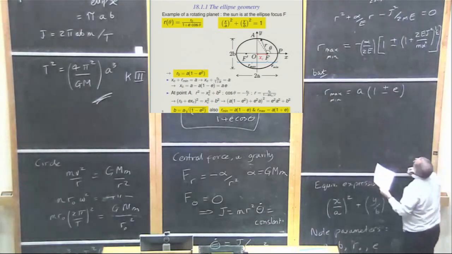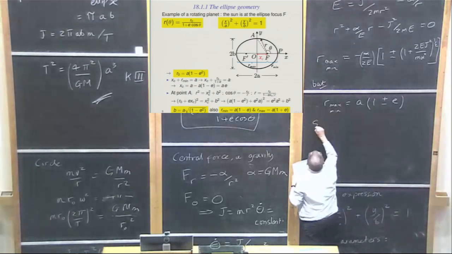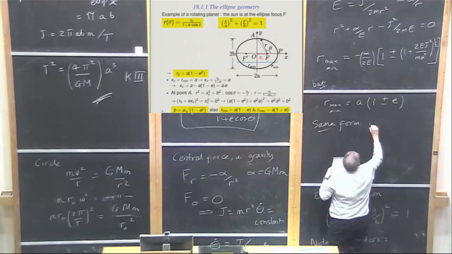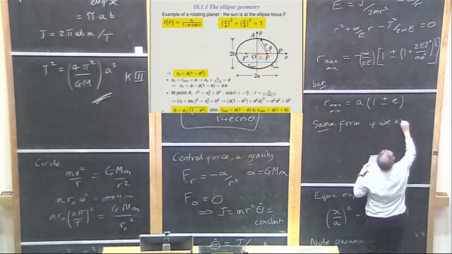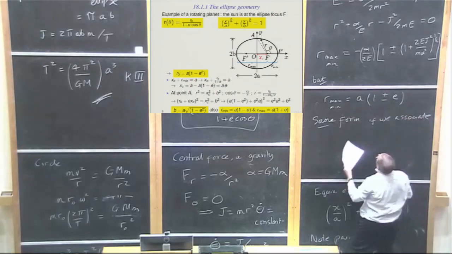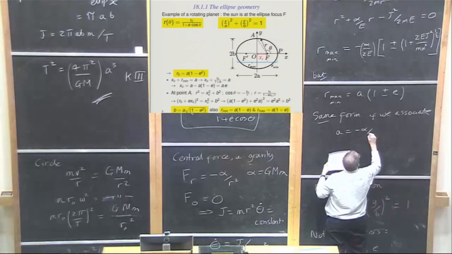So this looks very much of the same form, if we associate. So A would then have to be equal to minus alpha over 2E.